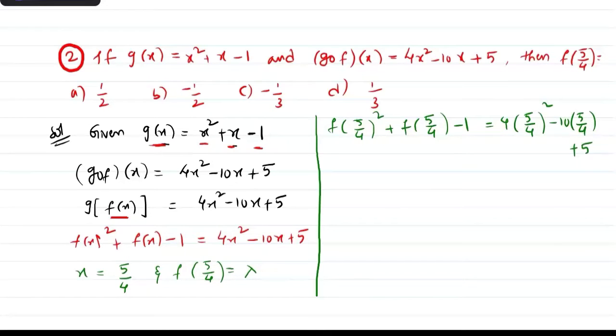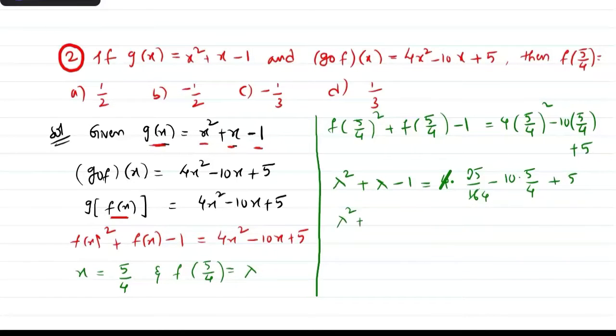Okay, right. See, already we have taken f of 5 by 4 value as lambda, so the left hand side value will be changed as lambda square plus lambda minus 1 is equals to 4 into 25 by 16 minus 10 into 5 by 4 plus 5, right? Now 4 ones are 4, 4 fours are cancelled. 25 by 4 minus 50 by 4.